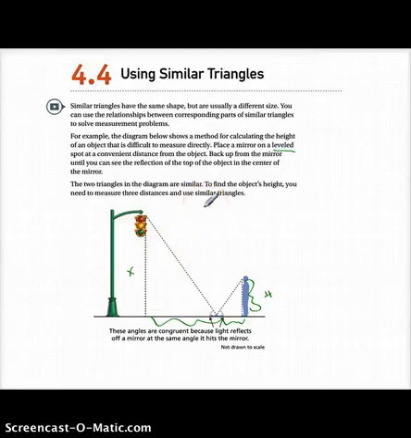If you don't remember the equation, you should have your height compared to your distance from the mirror, I'm just going to put m for mirror, should be equal to the unknown over the object's distance from the mirror. I'm going to call this the object's distance from the mirror. So this is my OM, and this is my M, and there's my X. I need to solve this equation using either algebra or scale factor or something. I need to solve for my tall object.